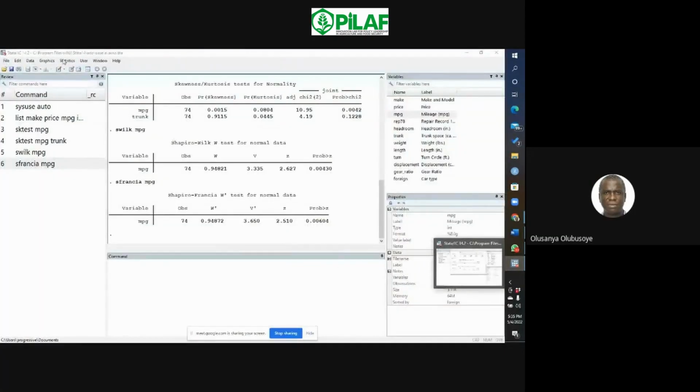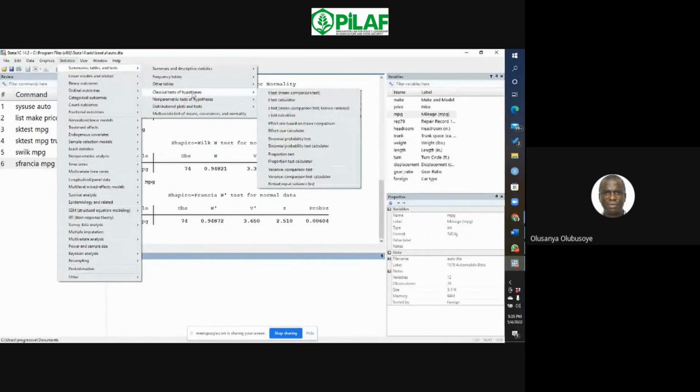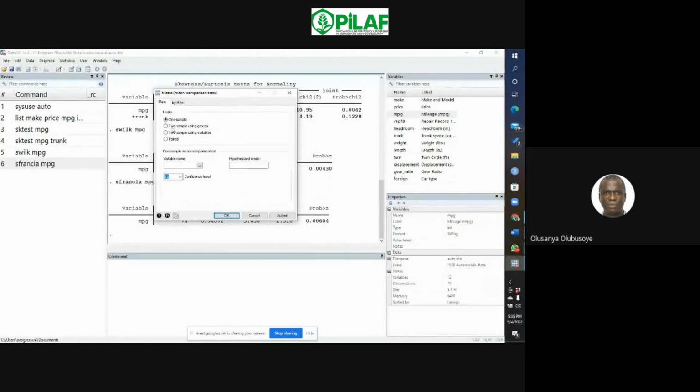Let me now take you to where you go to the statistics menu, and then you go to the classical test of hypothesis. Like I said, this is where we are, and this is the dialog box for the t-test. When you are dealing with a t-test, you can deal with one sample or two samples. When are you dealing with one sample?